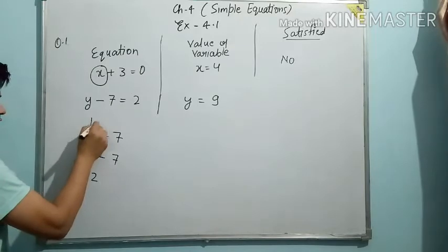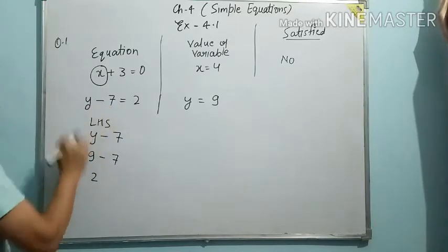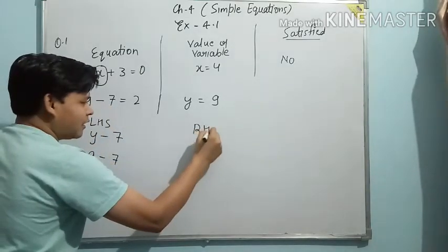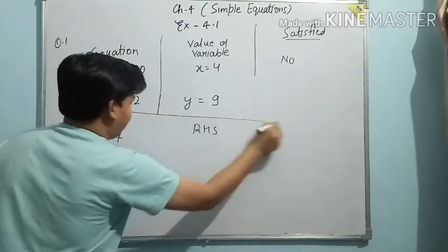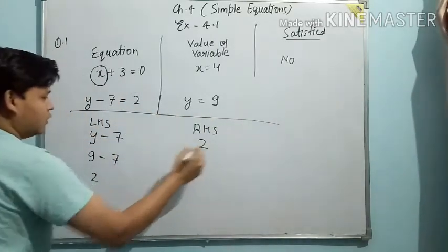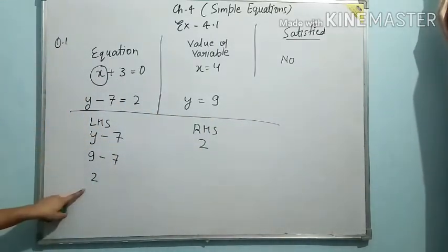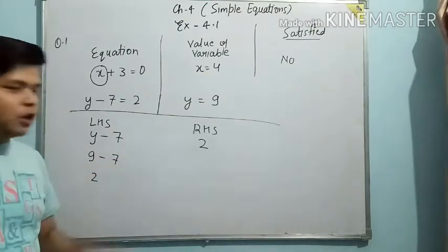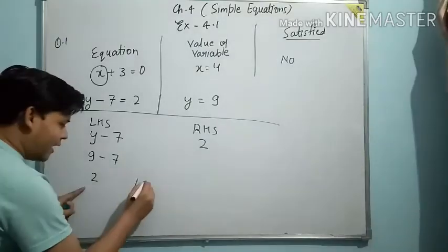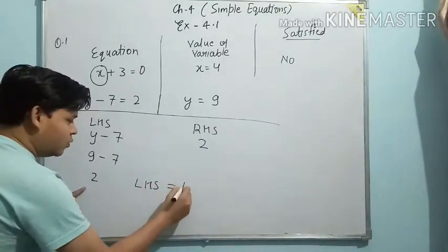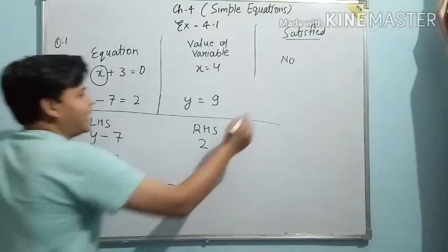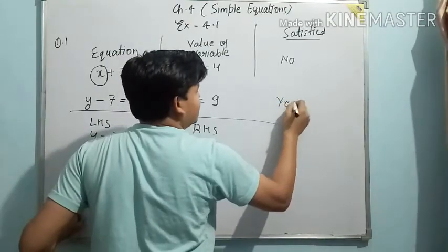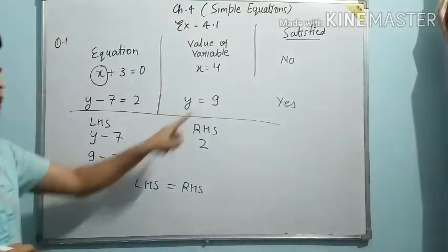So this was the LHS portion, and the RHS here is 2. When we solve this, we got LHS 2 and RHS is also 2. That means the LHS is equal to RHS. So we can write here that yes, this equation is satisfied at this value.